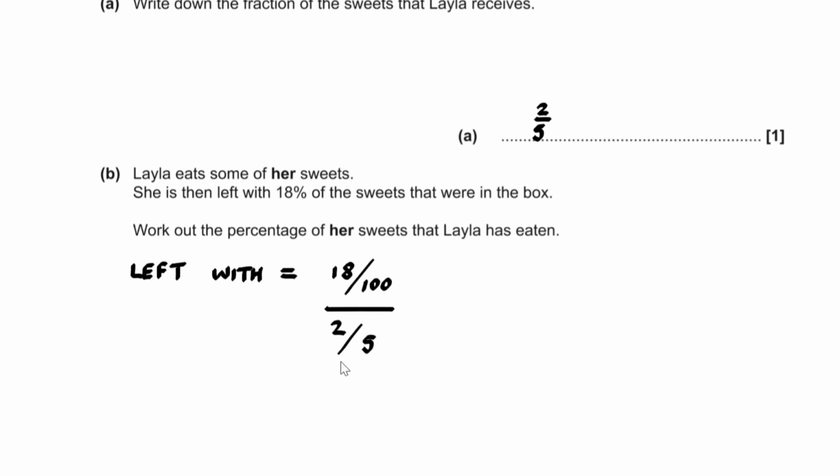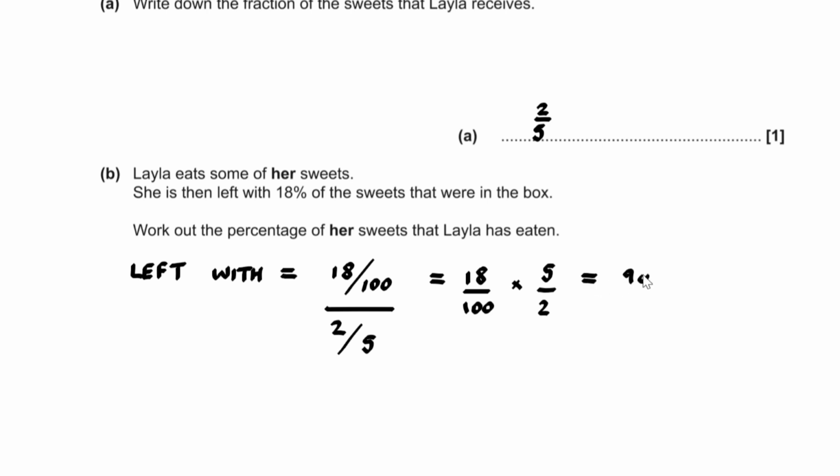So if I work out what this is equal to, we have 18 over 100 multiplied by 5/2. So we have 18 times 5, which is 90, and then 100 times 2 is 200.